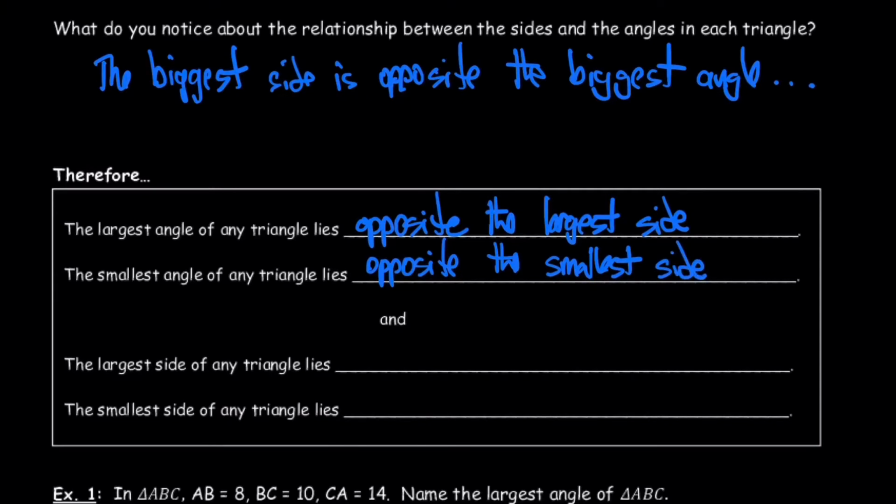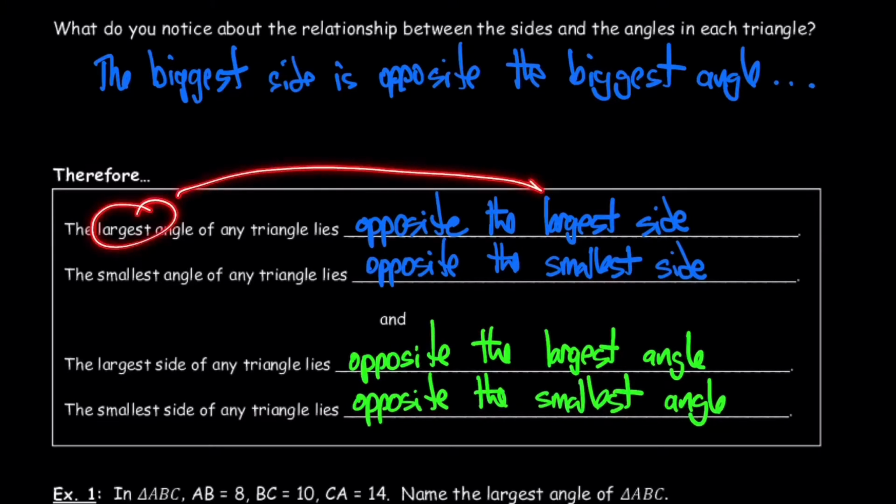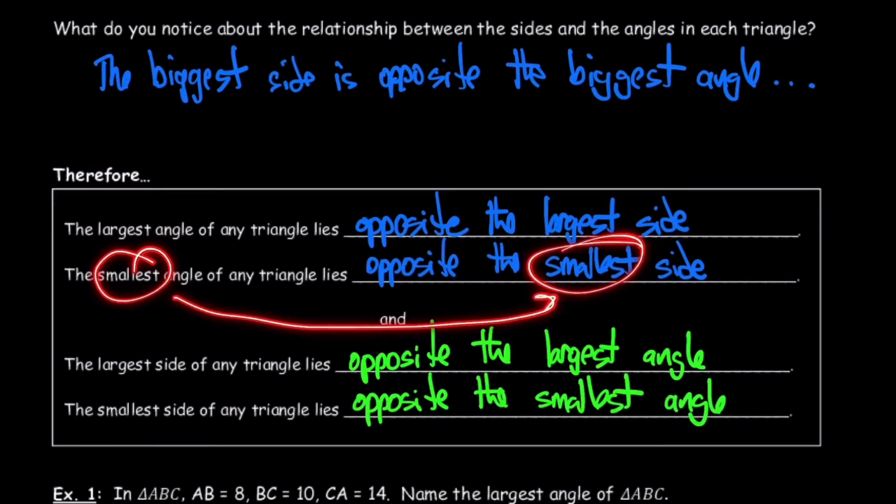The largest side, therefore, lies opposite the largest angle, and the smallest side of any triangle lies opposite the smallest angle. So basically the concept here is largest, opposite, largest, smallest, opposite, smallest.